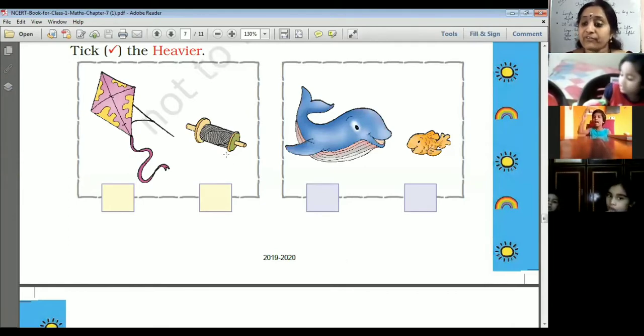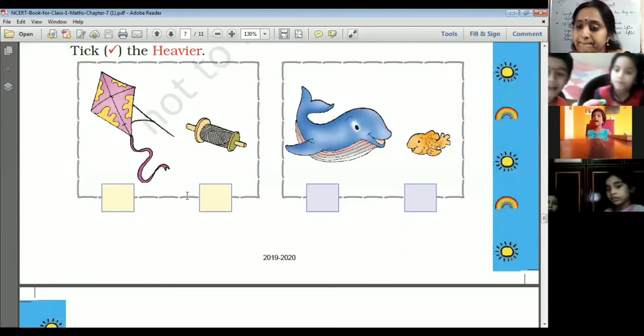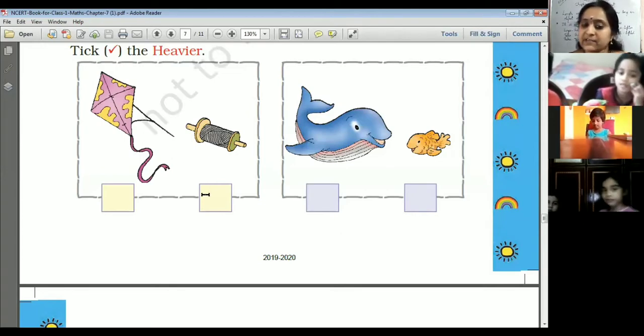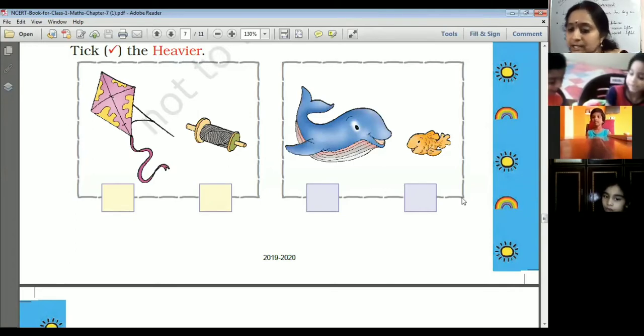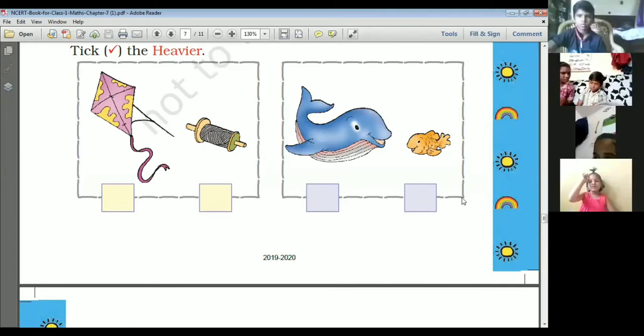Here we have a thread roll and here you have a paper kite. Very good. Thread is heavier. So tick at thread.